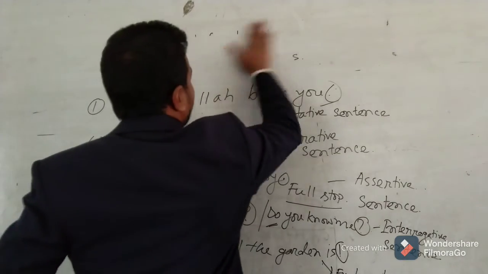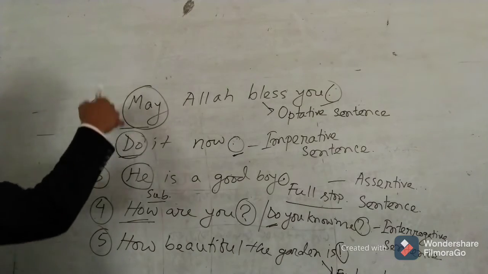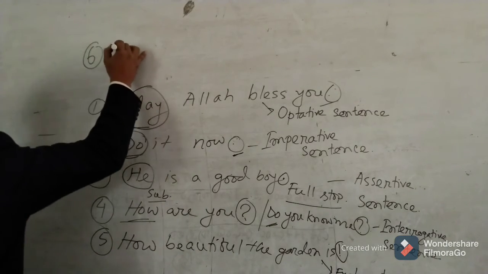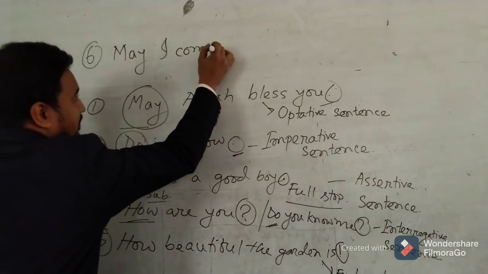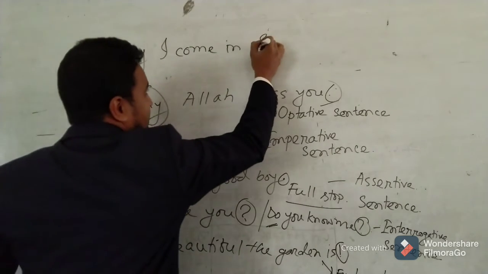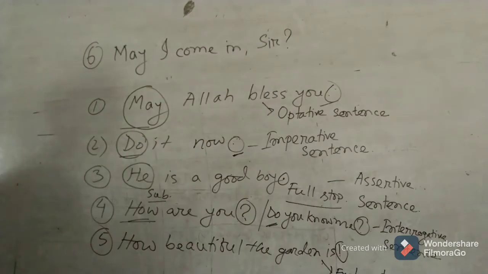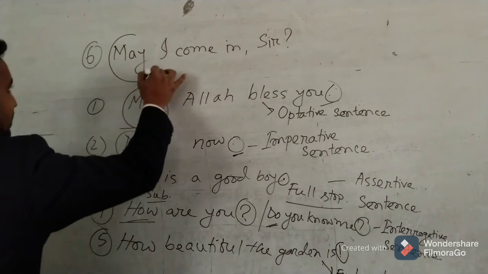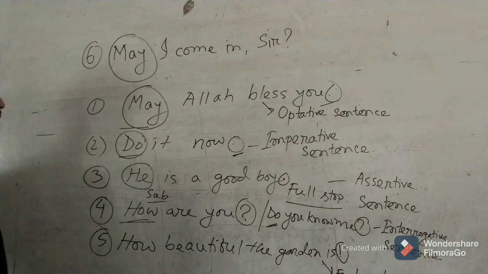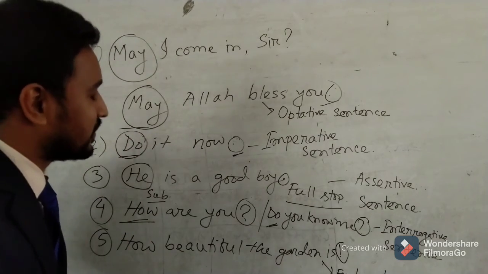Look, if I say, may I come in, sir? In this case, you can be confused. Having may at the beginning, sometimes you feel that it's an example of optative sentence.